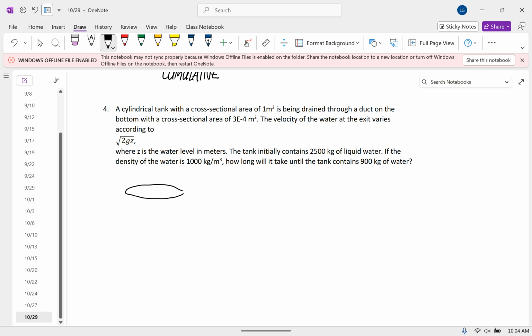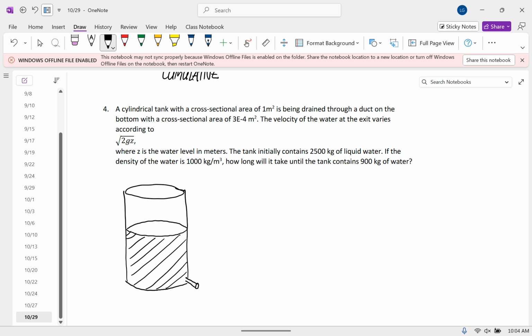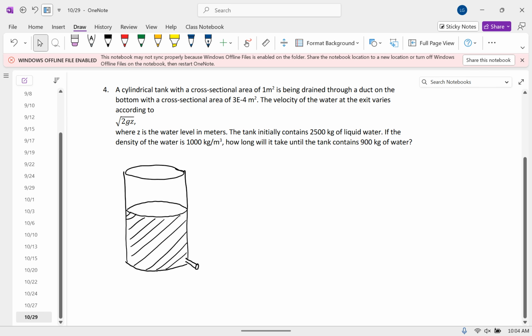So cylindrical tank means the cross-sectional area is the same the whole way down. So we have something like this. We're starting with some given mass of water. The cross-sectional area of this drain is given.